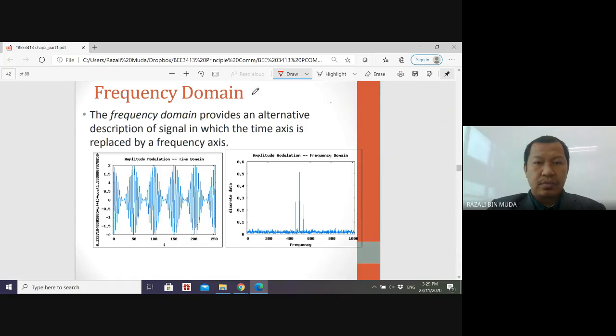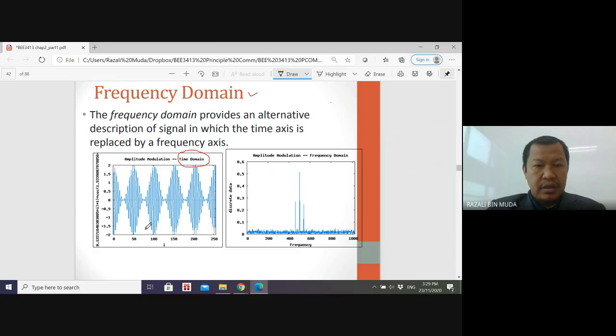in a frequency domain. The frequency domain provides an alternative description of the signal in which the time axis is replaced by frequency axis. So basically, for a sine wave signal, the signal is represented in terms of time domain, which is in the form of a sine wave.